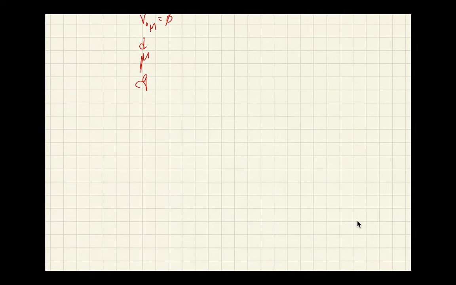So just like the last problem, this problem is best solved by breaking it down into two parts. We have part one, which would really be the collision of the two objects. And then we have part two, which is the sliding to a stop.